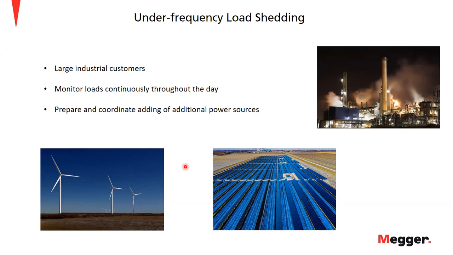And then they also have to prepare to coordinate when adding other devices, so other power sources or types of generation, especially when you're trying to bring on a bank of wind farms or more solar farms. Just because they're out there, they have to be able to accommodate those extra loads being put on there. And then too, during load shedding, we have to start balancing the system. What needs to go off, what needs to come on, and so forth. So there's a lot of people behind the scenes that actually do this.